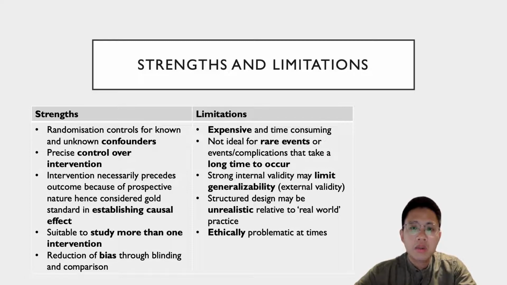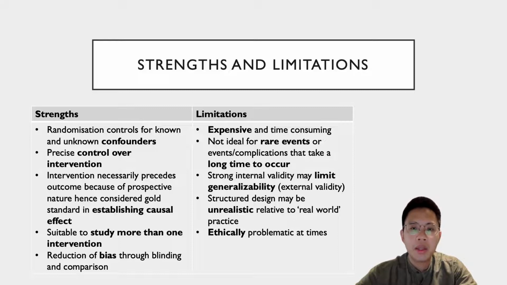When we control for confounders, oftentimes in observational studies, we are usually only able to, using statistical methods, or limiting the population that is being studied, control for known confounders.